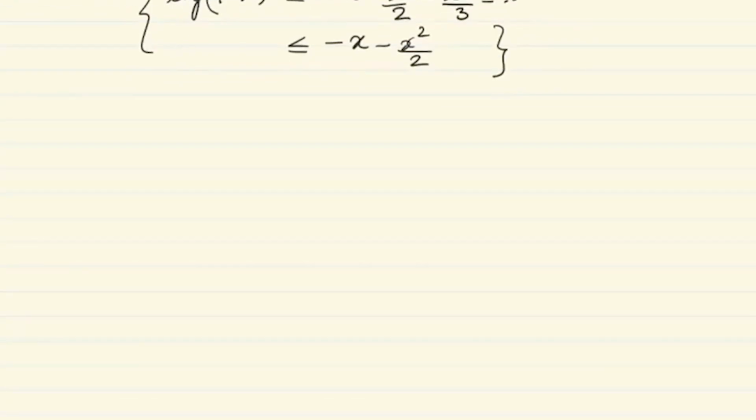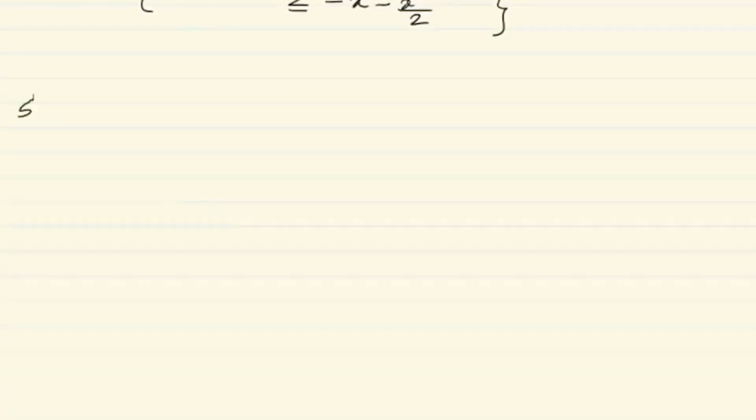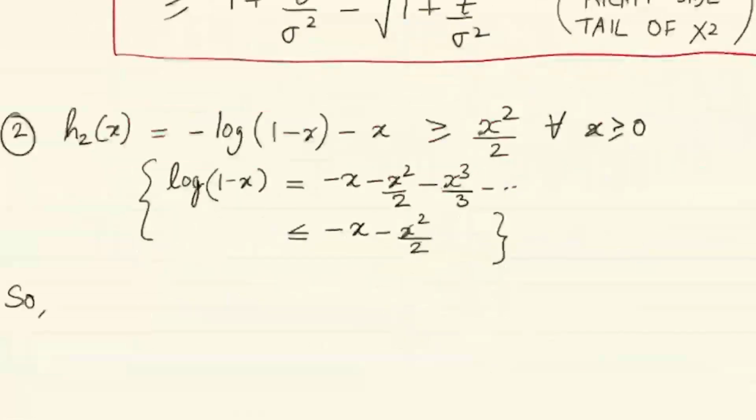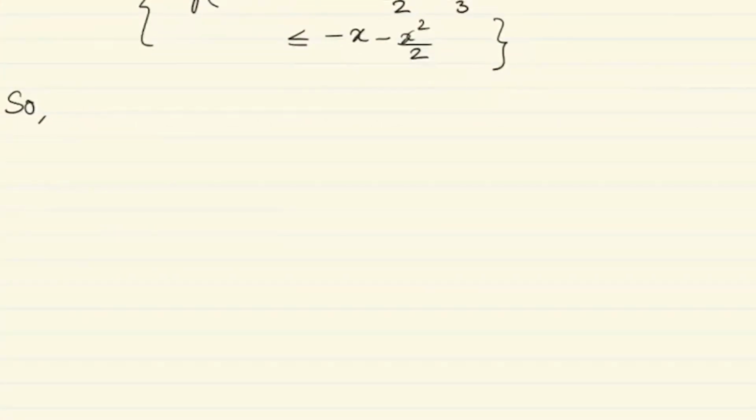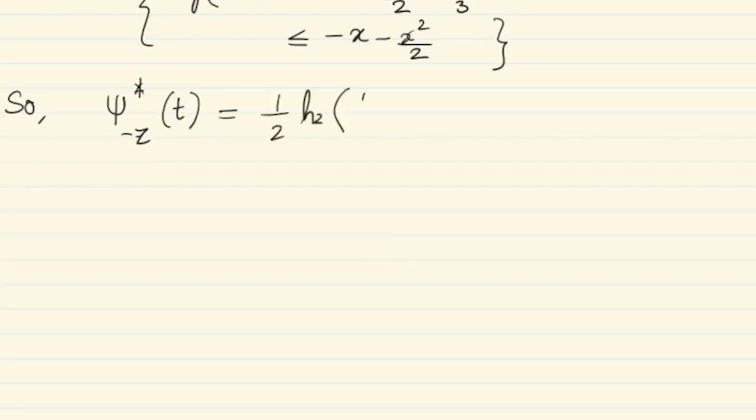Okay, in spirit. So what this finally gives us is that the left tail of Z, which is really the right tail of minus Z, for any t greater than or equal to 0, which is just half h2 of t by sigma square, is lower bounded by t square by 4 sigma square, just a quadratic function.